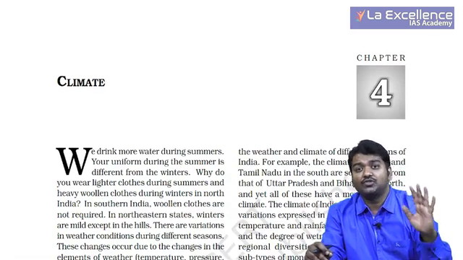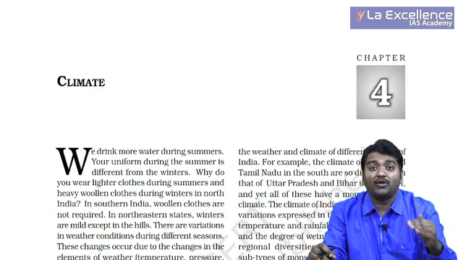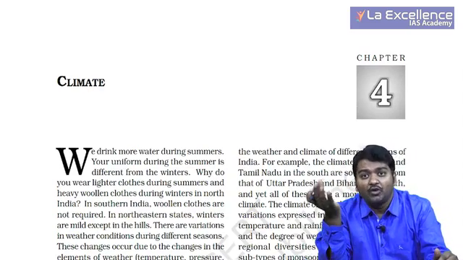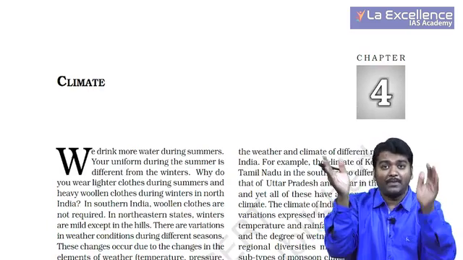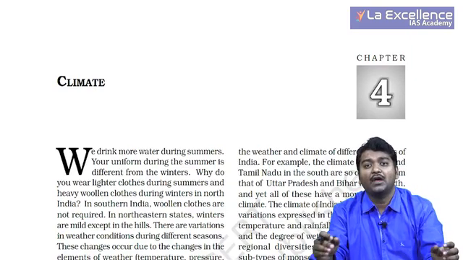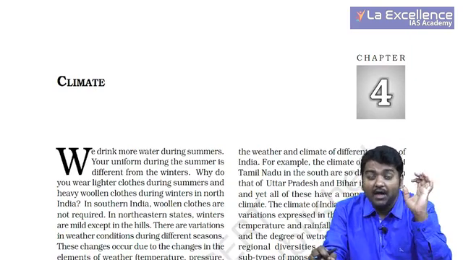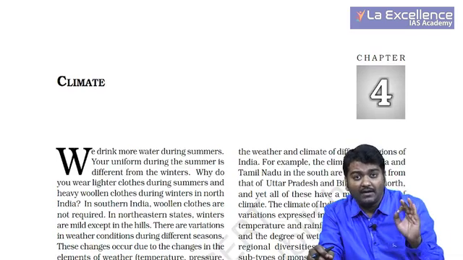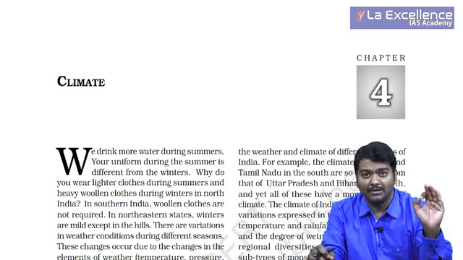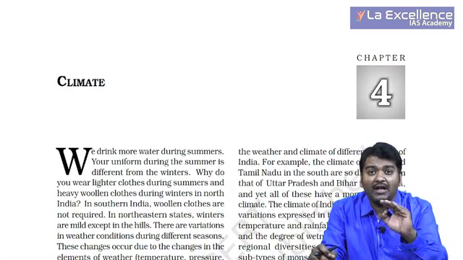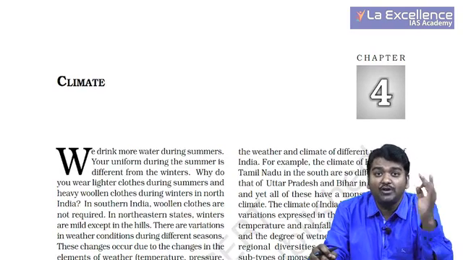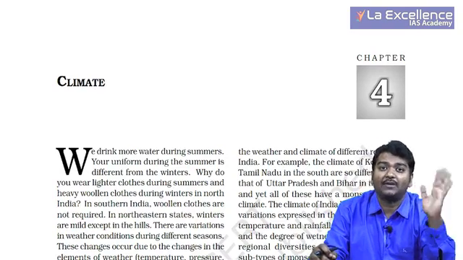And when it comes to cool climate or winter, you will usually see that in Delhi, it will be very cool, but in the southern part, because of the peninsula, it will be hot or normal again. So here what exactly are we saying? We are trying to say that whether it is within India or the same place at different times, you usually see different types of climate.